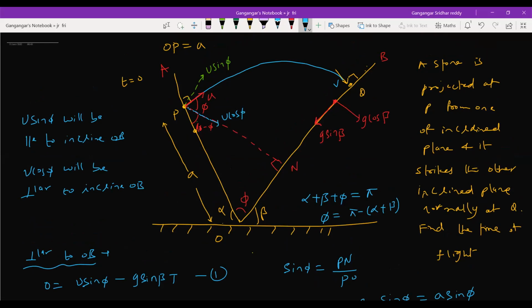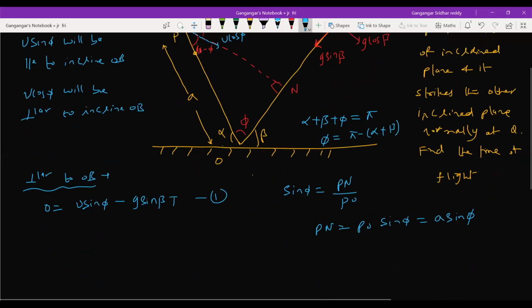So what is the displacement perpendicular to incline OB equal to Pn? And what it makes, the g cos beta will accelerate, and what is the initial velocity? U cos phi. So shall I write S equal to ut plus at square? So perpendicular to, oh wait, this is parallel to OB. Okay, next you write perpendicular to OB.